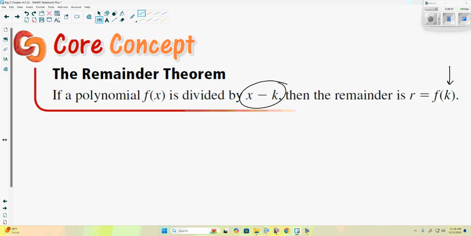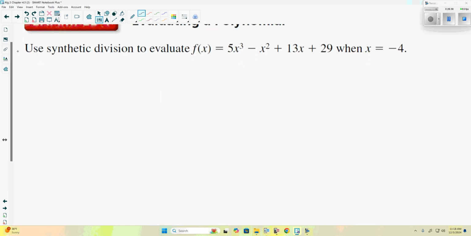So let's see how this works. If we looked at 5x cubed minus x squared plus 13x plus 29 when x is equal to negative 4.